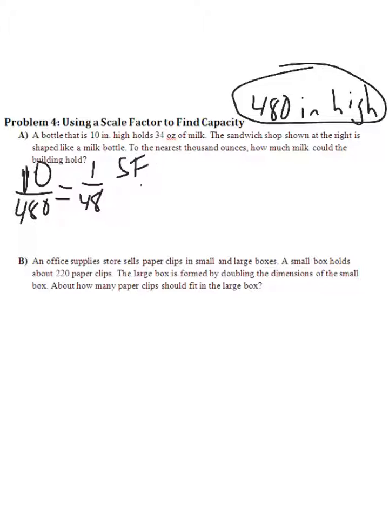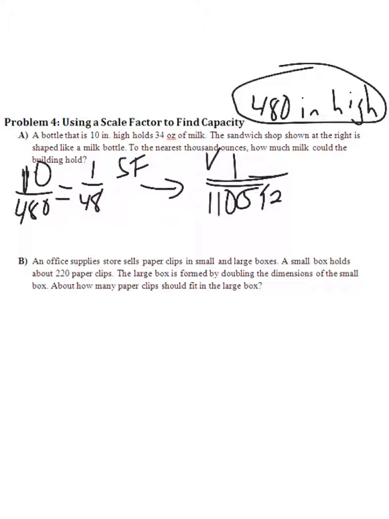Now from there, when we're talking about how much milk something can hold, that's a volume problem. So my volume ratio I can get by cubing my scale factor. Well, 1 cubed is still going to be 1. 48 cubed is 110,592. Okay, so here is my volume ratio.